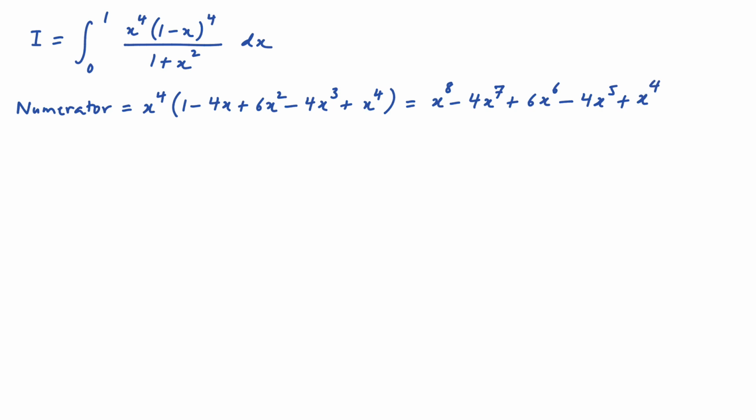So this is the numerator, x raised to the power 8 minus 4x raised to the power 7 plus 6x raised to the power 6 minus 4x raised to the power 5 plus x raised to the power 4.